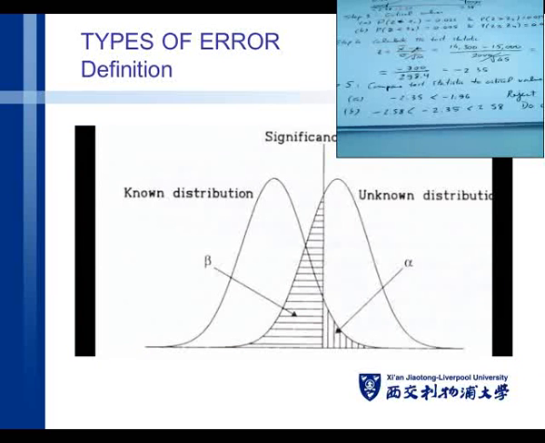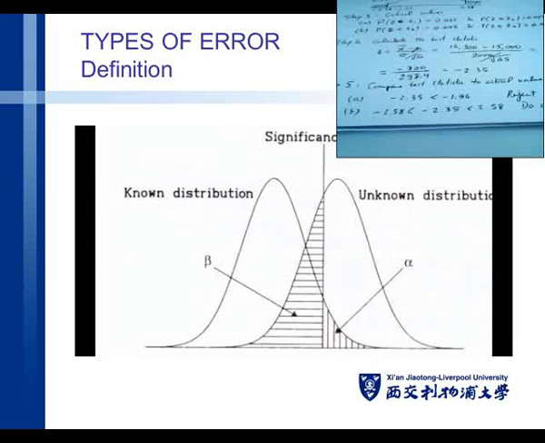Here the known distribution is the distribution from the sample. Here the unknown distribution is the distribution from the population. Suppose that it looks like this. When you set the significance level, you're saying that for this distribution that comes from the sample, if it falls here, you reject the null hypothesis.